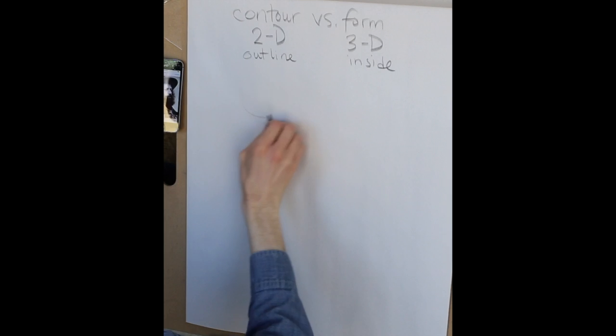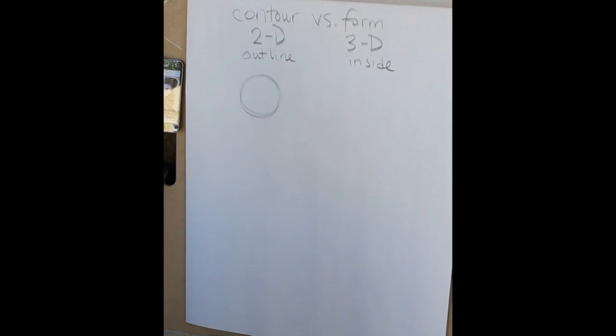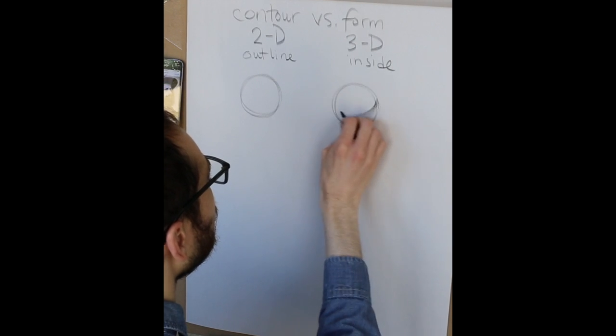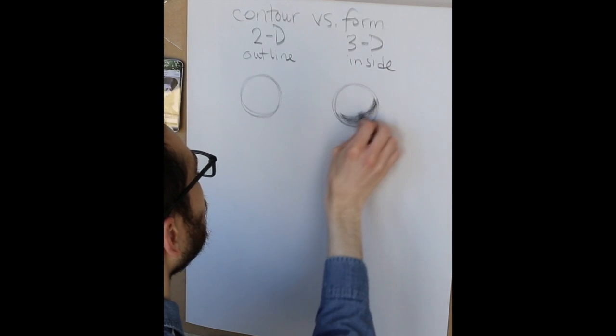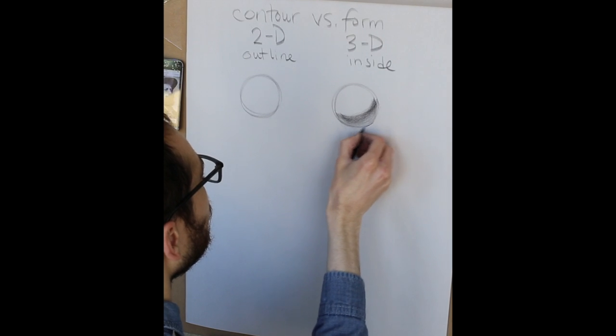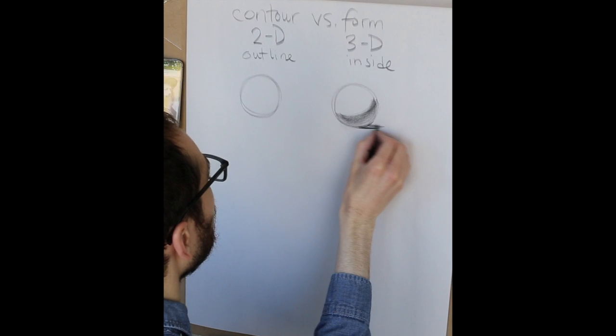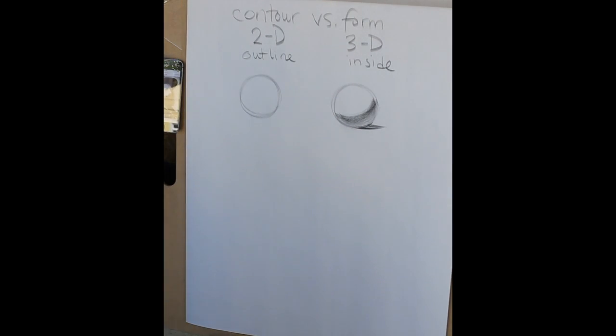So you can think about this as the difference between a circle and a sphere.